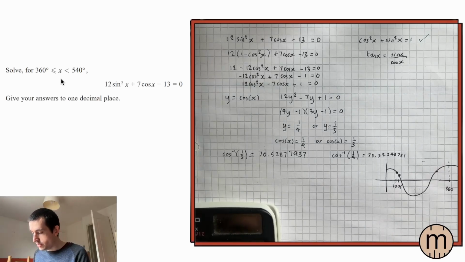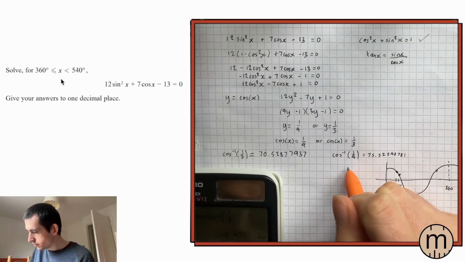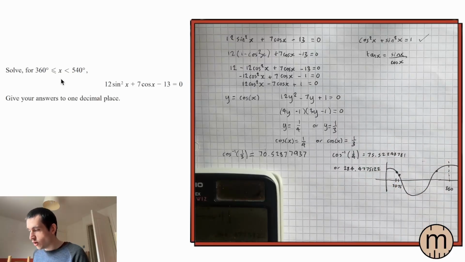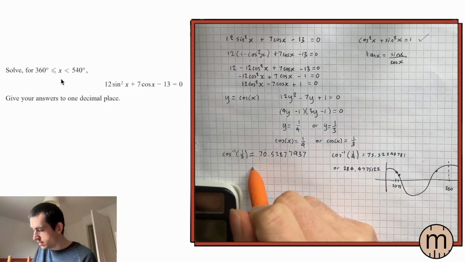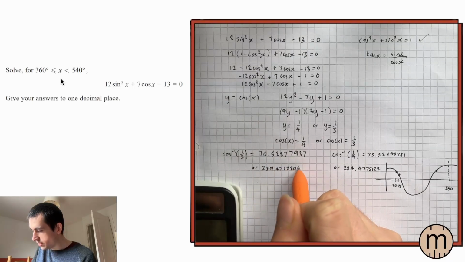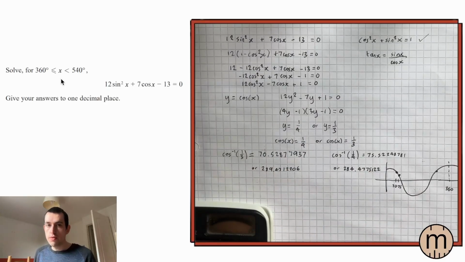So I'm going to do 360 minus that value. In this case, we get this horrible value. And I'm going to do a similar thing with 360 minus the approximately 70. And we get 289.47122206. Neither of those are still in the range, but that's okay.